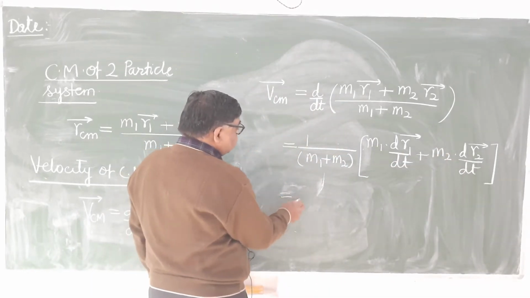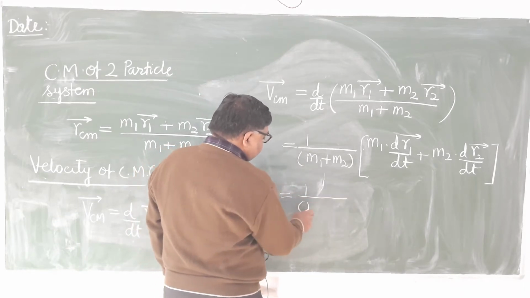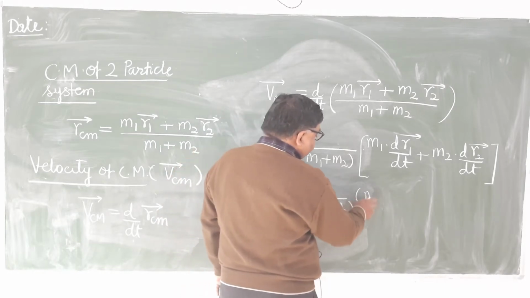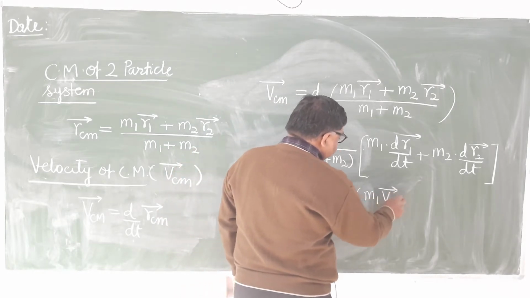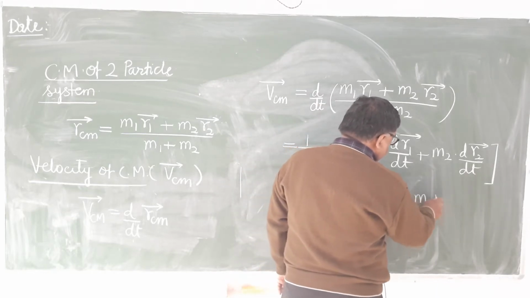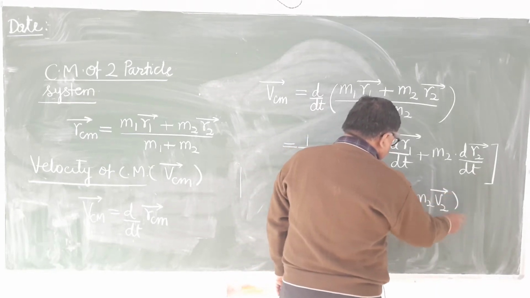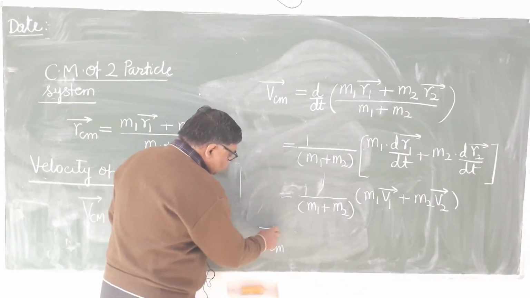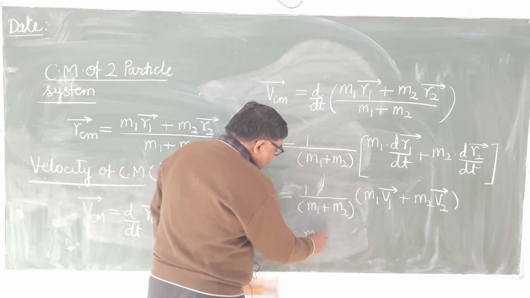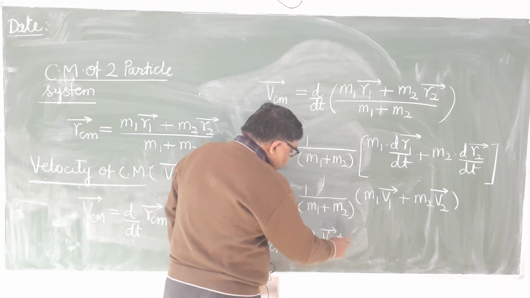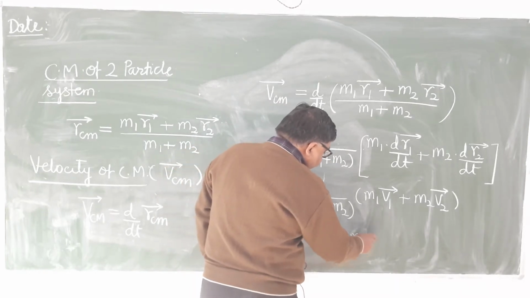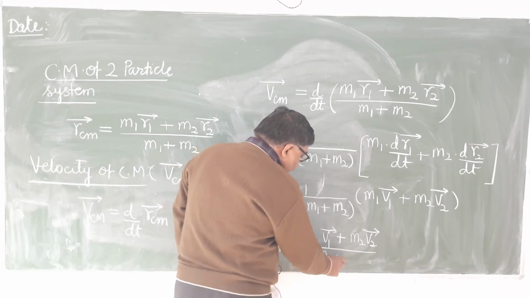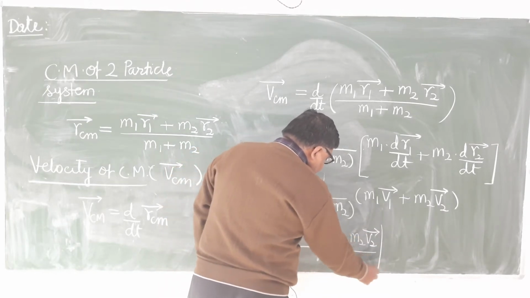So it will be 1 upon m1 plus m2, and within the bracket m1 v1 plus m2 v2. So VCM will be equal to m1 v1 plus m2 v2 upon m1 plus m2.